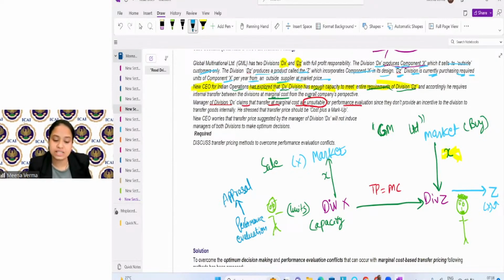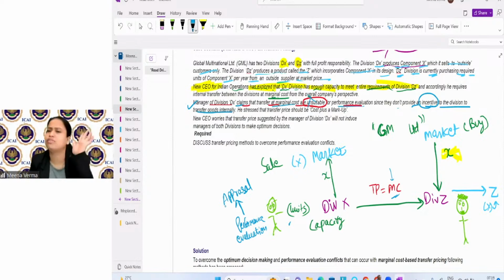So obviously X's manager will raise objection. I don't want to transfer the goods at variable cost. Why? Because in that case my profitability will be zero, and I will get no appraisal. He will reject it. A similar thing happened here. The manager of division DX claims that transfer at marginal cost is not suitable for performance evaluation, since it doesn't provide incentive to the division to transfer the goods internally.